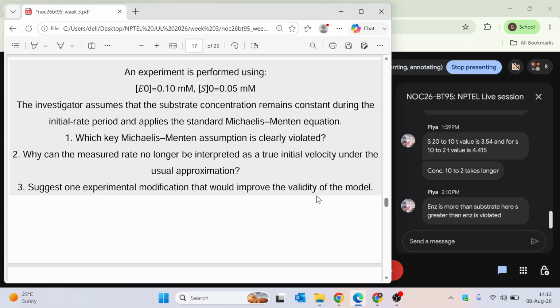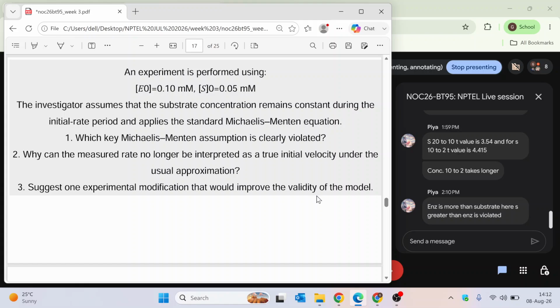So the basic assumptions of any Michaelis-Menten equation are, first, that there is a negligible reverse reaction where the product forms substrate. Second, there is a single enzyme-substrate complex formed and broken. Third, and the most important for this question, is that the substrate is in excess.